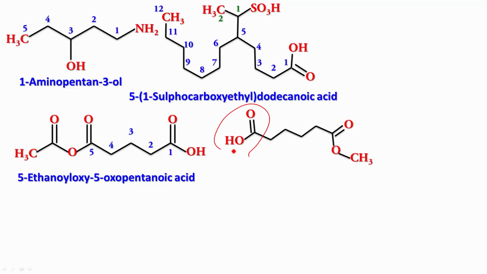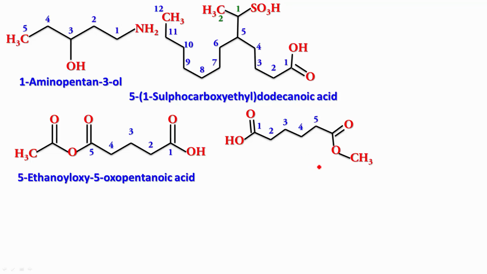You have an acid, you have an ester. So the parent chain has to go from here and it will go up to this carbon. You have to include this carbon. So number it 1, 2, 3, 4, 5, 6. Now you go up to 5 here.